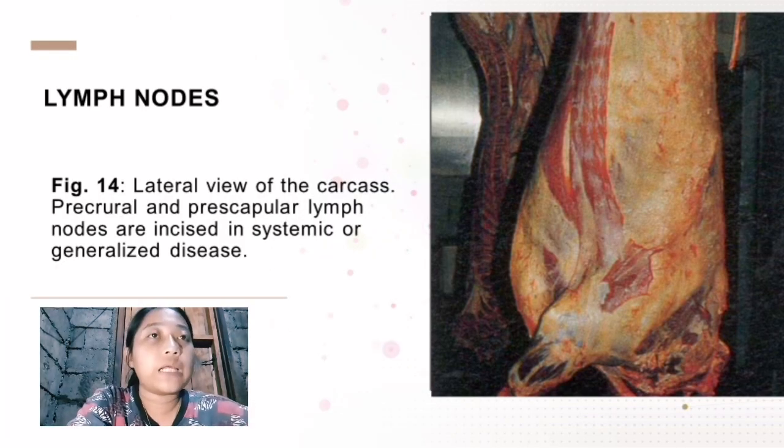Figure 14. The lateral view of the carcass, precrural and prescapular lymph nodes are incised in systematic or generalized disease. So, this picture is also already being incised or i-slice na siya para makita ang iyang mga generalized disease.